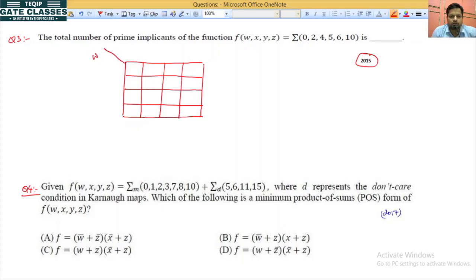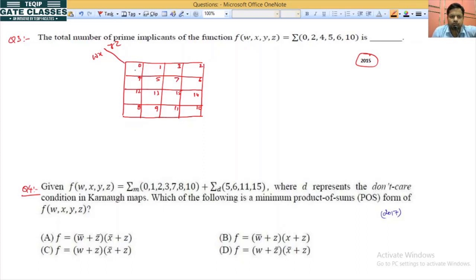Now we have W, X, Y, Z. So it will be 0, 1, 2, 3, 4, 5, 6, 7, 8, 9, 10, 11, 12, 13, 14, 15.